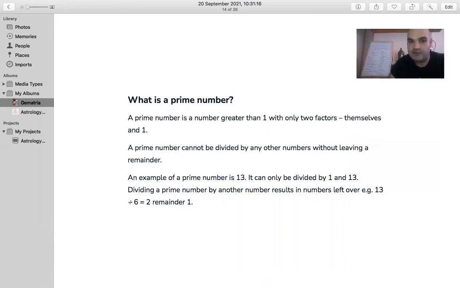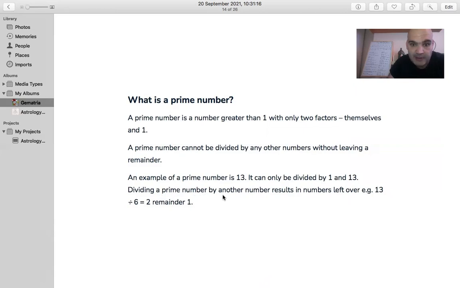A prime number is a number greater than 1 with only 2 factors, themselves and 1. A prime number cannot be divided by any other numbers without leaving a remainder. An example of a prime number is 13. It can only be divided by 1 and 13.